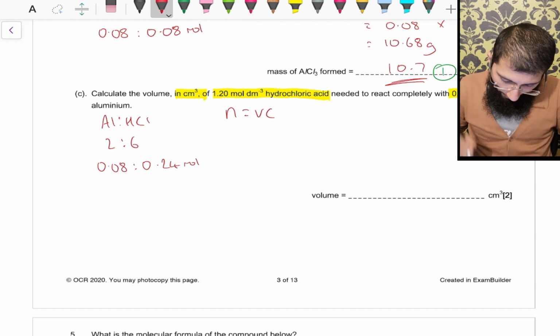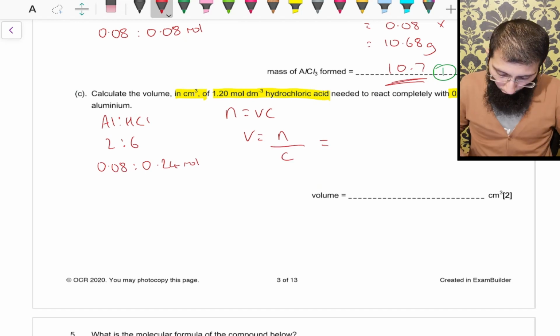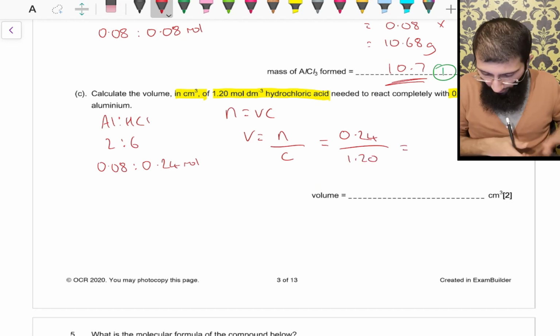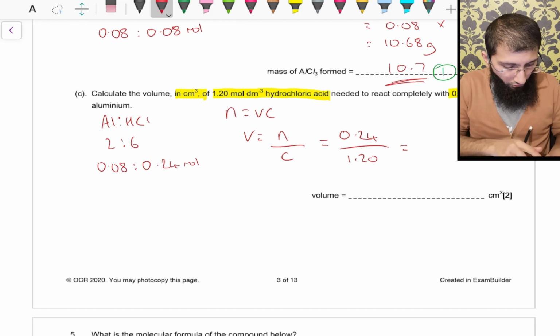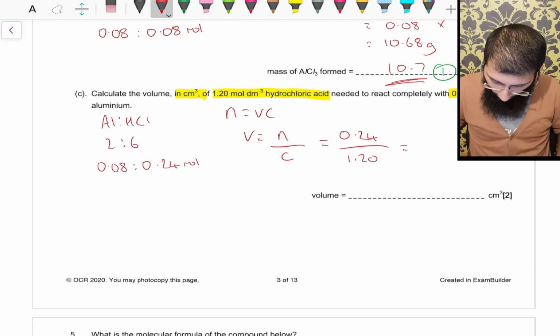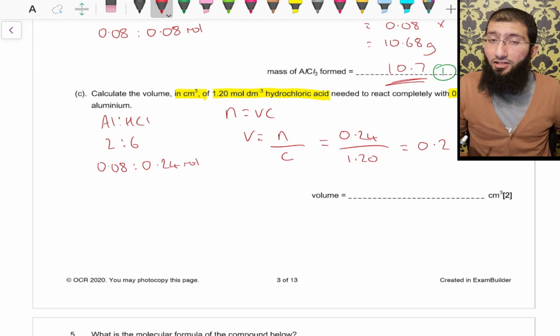Okay, so I want to work out the volume of hydrochloric acid. So V is equal to n over C. We know the moles is 0.24 for HCl. We know the concentration is 1.20 moles per decimeter cubed. So 0.24 divided by 1.2 gives us 0.2. Now remember, this is in decimeters cubed.